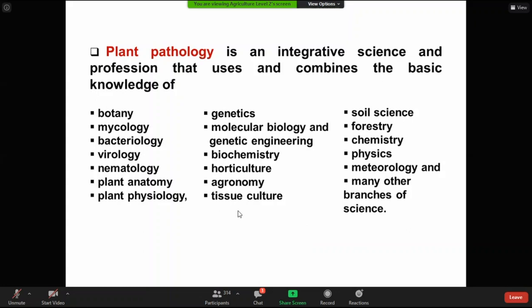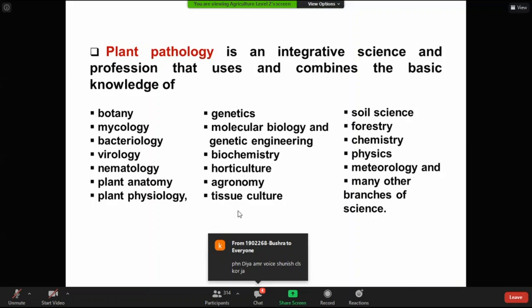Genetics also, because if you want to develop a disease-resistant variety, you should have a clear understanding of the methodology of plant breeding or genetics.